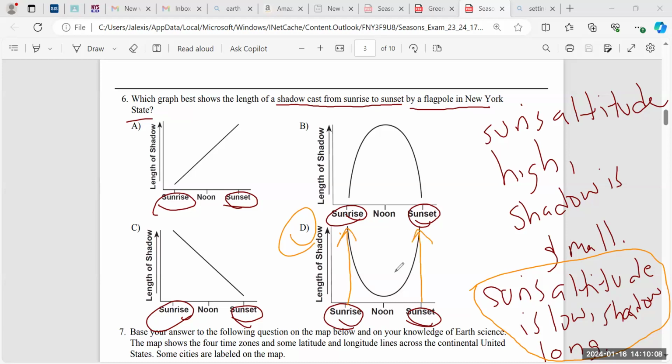During sunset, my shadow is very long. And then if we take a look, the sun's altitude, when it's high, your shadow's small. When you're at noon, the sun's altitude is very high, and the length of your shadow is very small. That's why the correct answer is choice D.